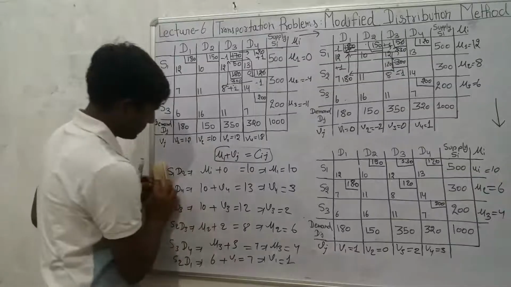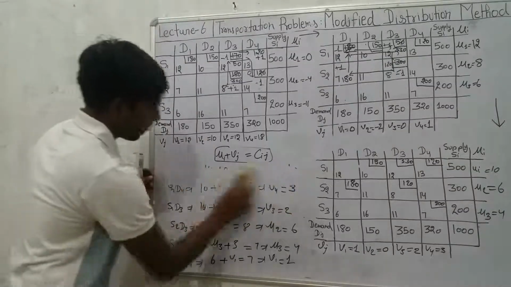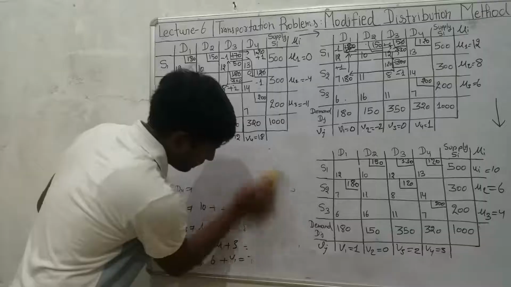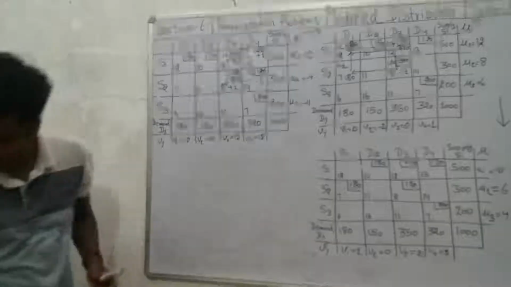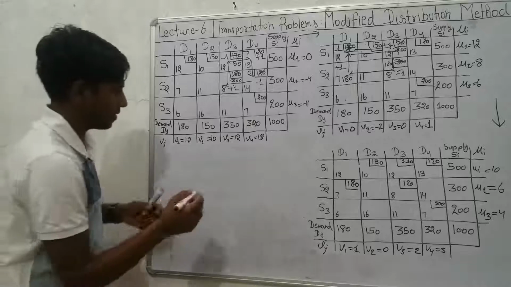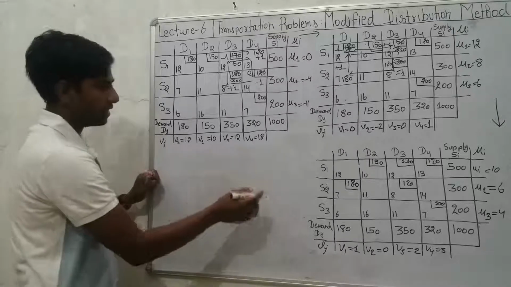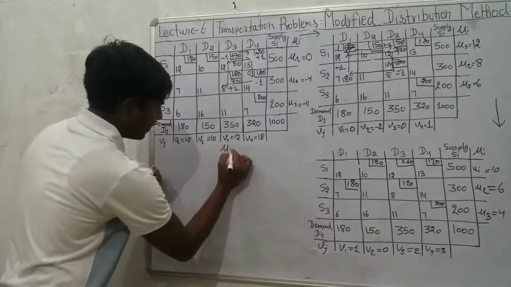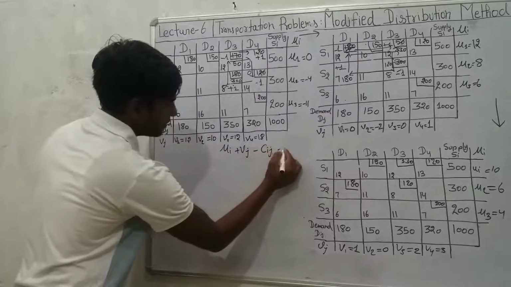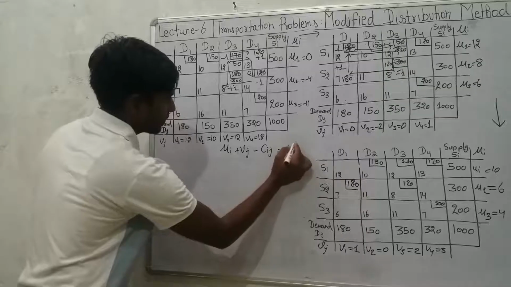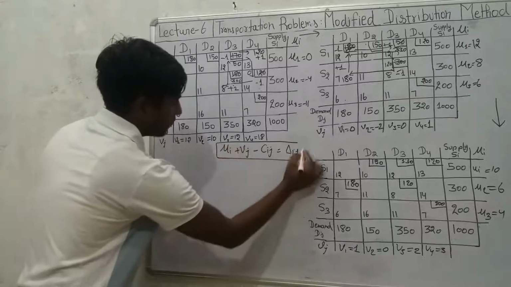Now come to step 2. Calculate the opportunity cost for the unoccupied cells in this table. So what would be the formula for calculating opportunity cost? It is Ui plus Vj minus Cij, that is equal to delta Ij. Delta Ij denotes the opportunity cost.